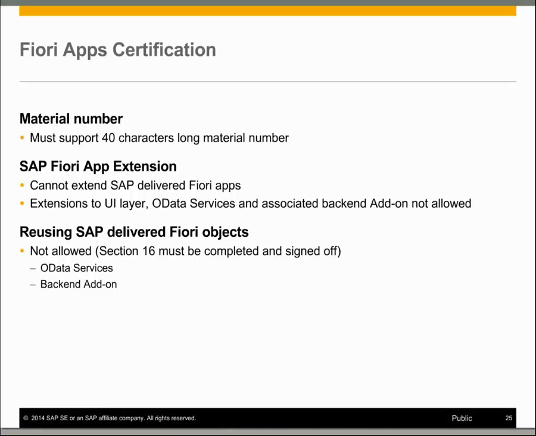To make sure that you fulfill this requirement, SAP now allows you to use 40 character long material numbers. You have to just make sure to switch this functionality on in SAP ERP, and if you're using SAP material number, then make sure you make the switch and also support 40 character long material numbers.